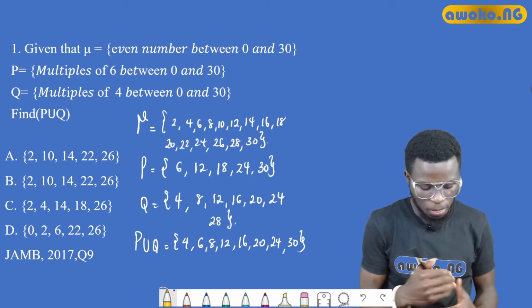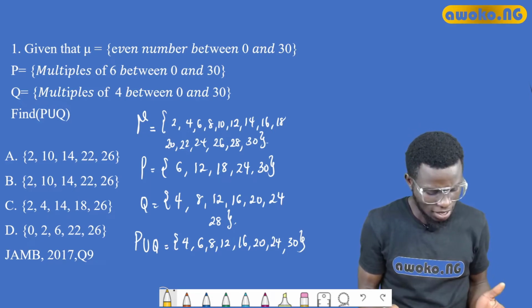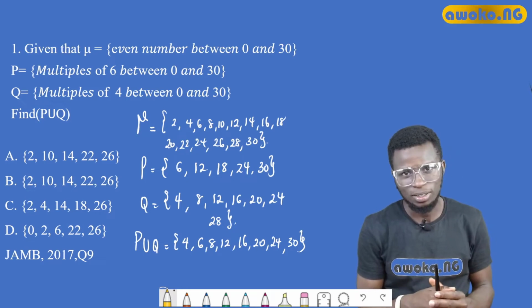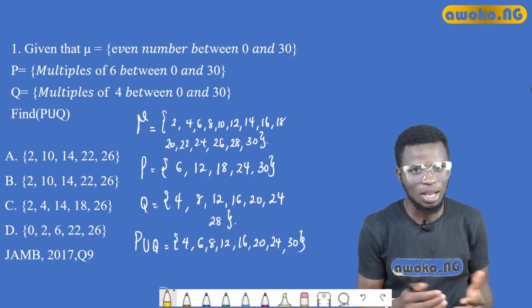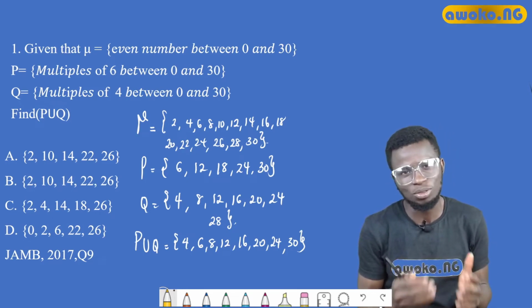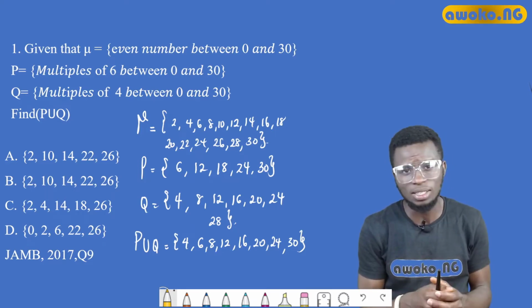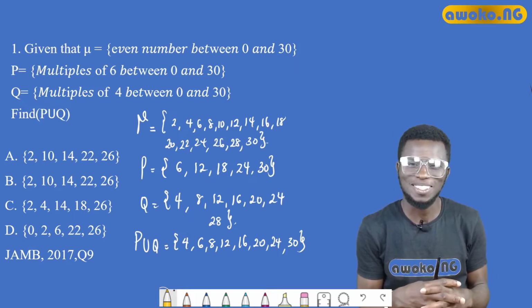And looking at it, there is of course no answer among the options. Most times JAMB gives you this kind of problem just to see how well you understand the concept. But there's nothing we can do about it.